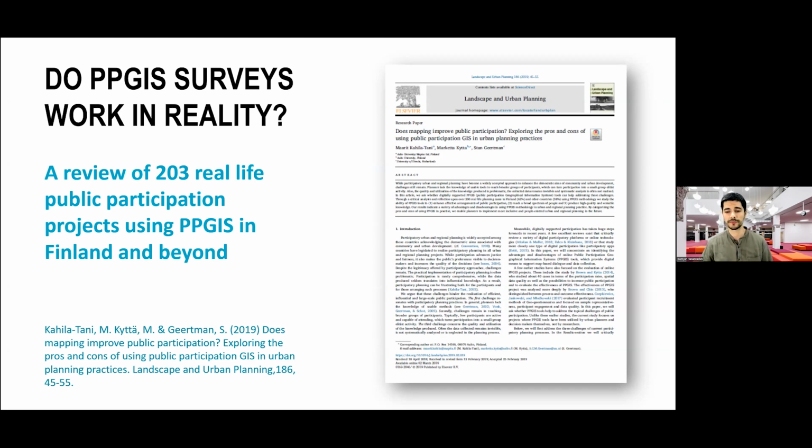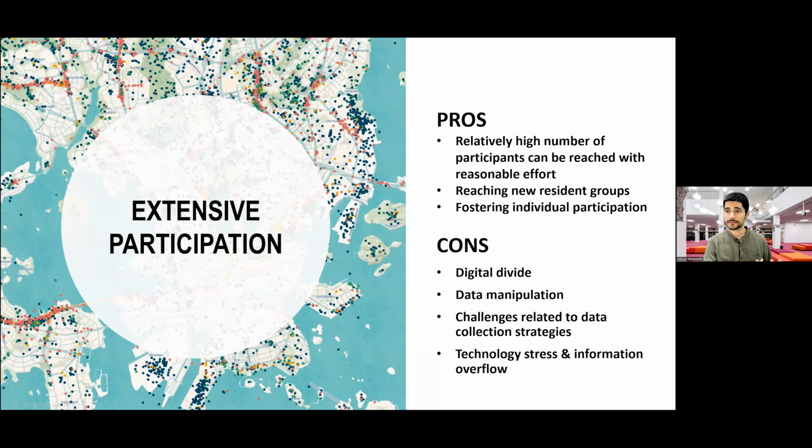They have a very good review of how this works and some of the observations. But for you listening to me, I have a summary of some of the findings. What are the strengths? What are the limitations of PPGIS as a participatory approach?